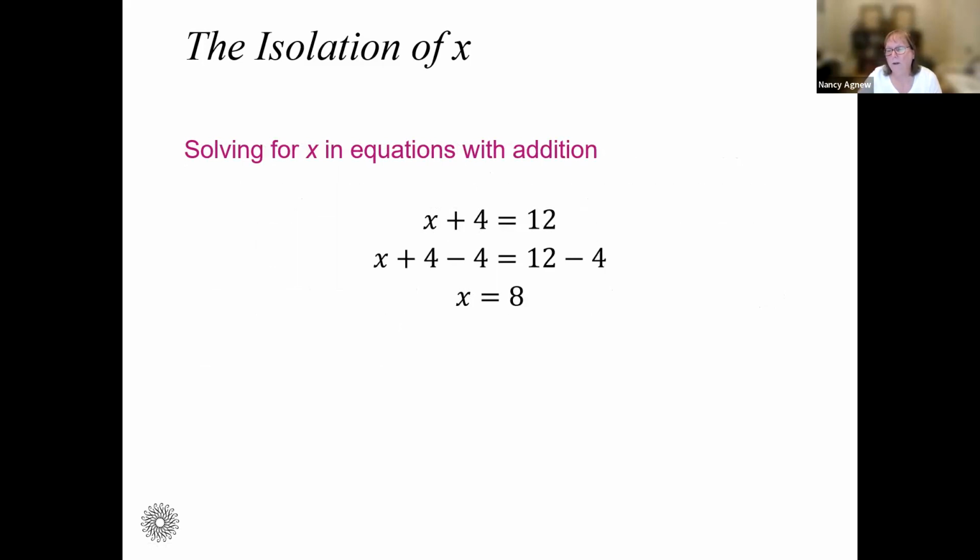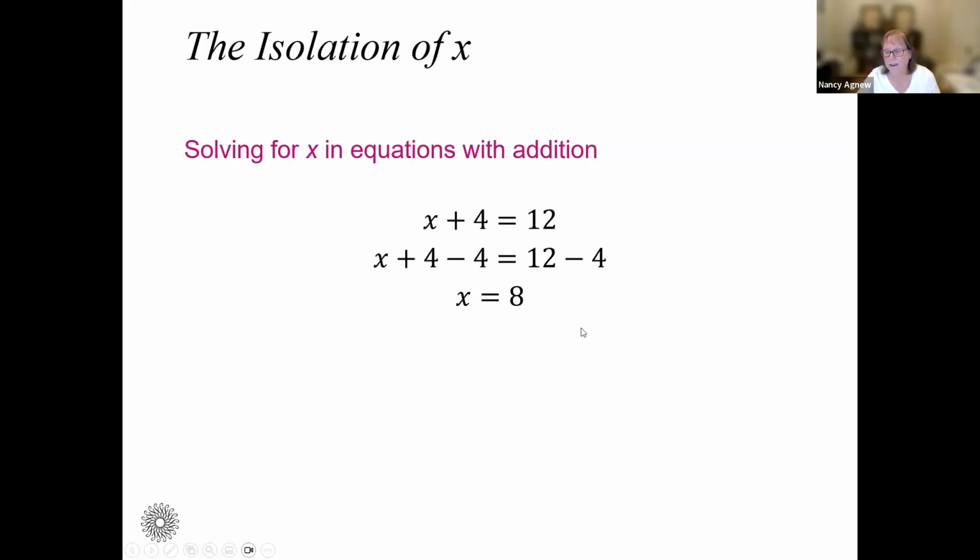The way to do that is, if it's x plus 4, we need to subtract 4 in order to get x alone. Since we have to subtract 4 on the left side of the equation, we also have to do it on the right side of the equation. So x plus 4 minus 4 is x, and 12 minus 4 is 8.